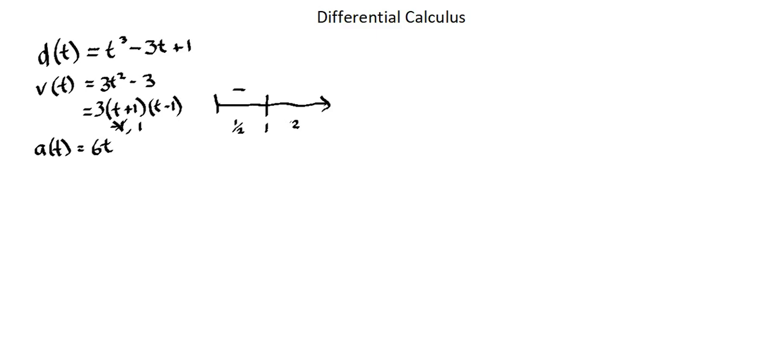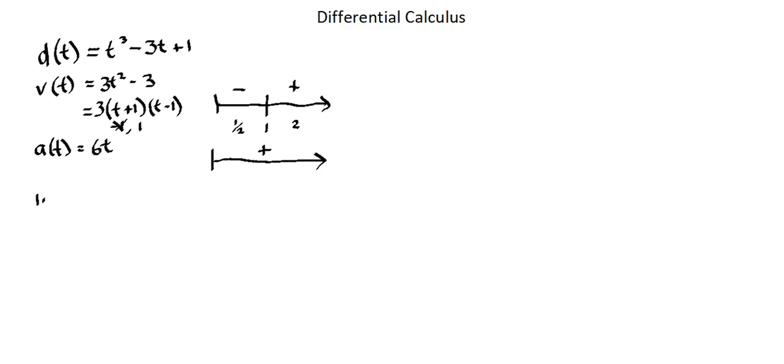And with an input of 2, 3 times positive times positive will give me a positive value. So when time is greater than 1, the velocity function output is positive. When time is from 0 to 1, the output is negative. And I can do the same for my acceleration function. With acceleration, I can see that any input after time 0 is going to result in a positive value.